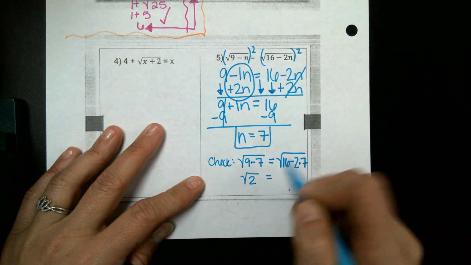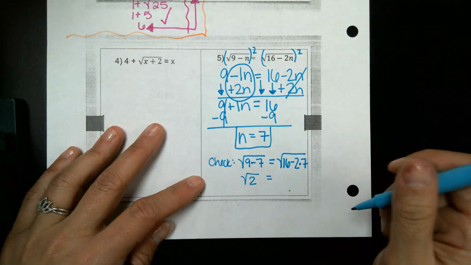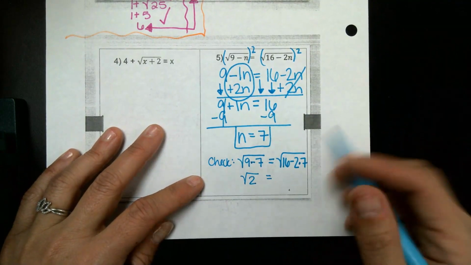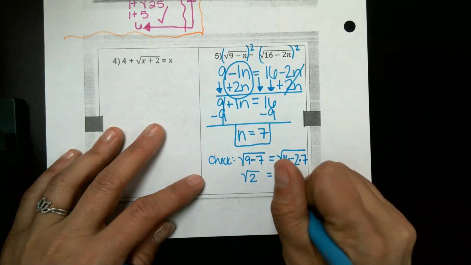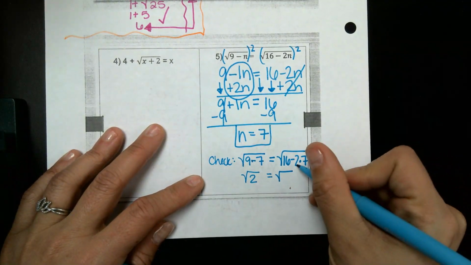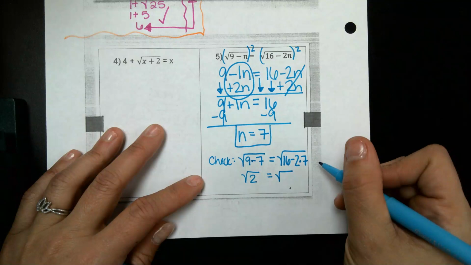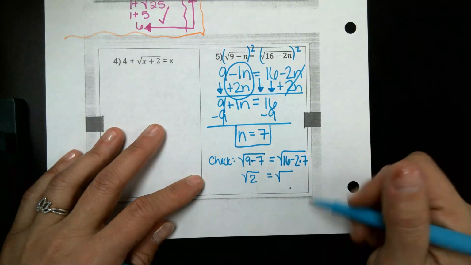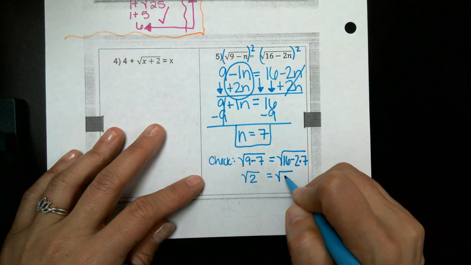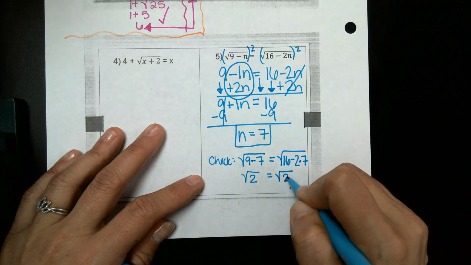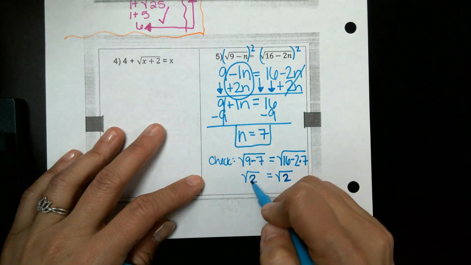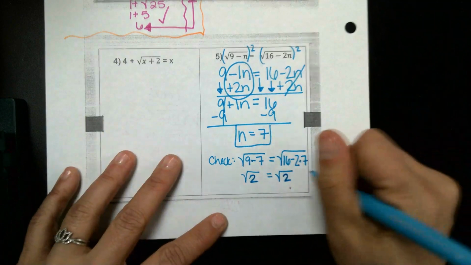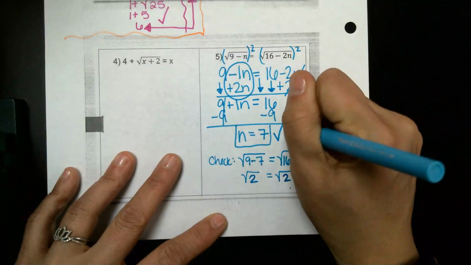Okay, so the left side right now says square root of 2. And on the right side, what is 2 times 7? 14. And what's 16 minus 14? 2. So do the two sides match? Yeah. So n does equal 7.